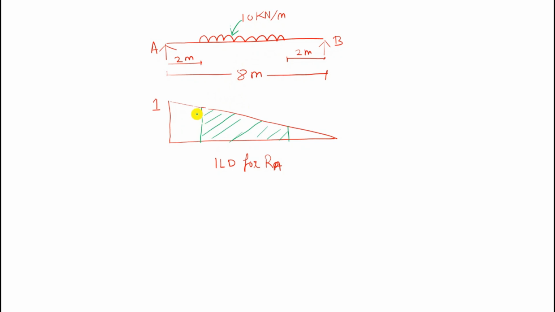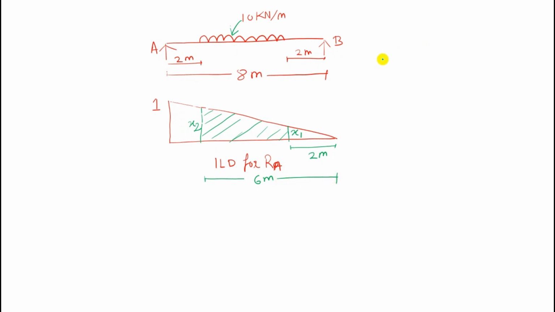So suppose this is x1 and this is x2. So total distance is 8 meter and this distance is 2 meter and this distance is 6 meter.